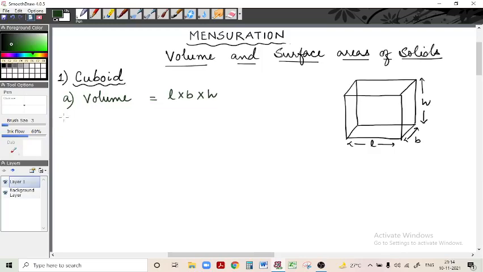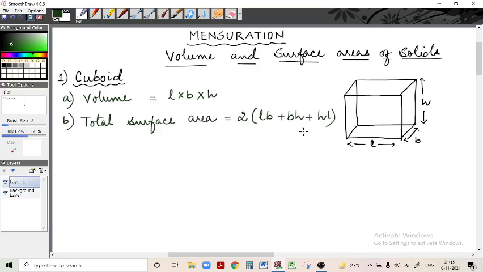Next is total surface area. This equals twice of length into breadth plus breadth into height plus height into length.